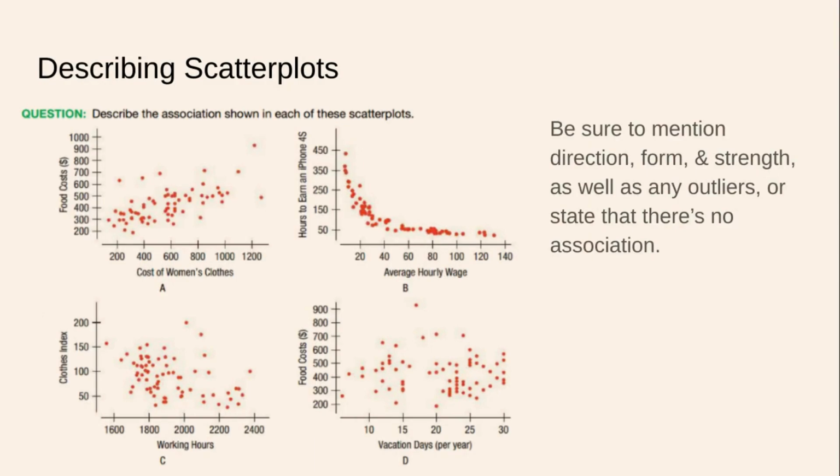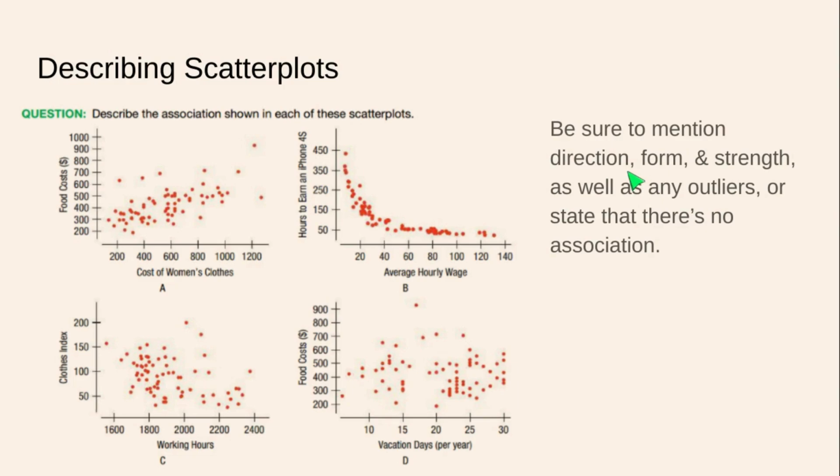Let's describe these scatterplots. We are going to describe the association in the scatterplots and mention the direction, form, and strength. And we're going to note any outliers. And there is a possibility that there is no association at all, and we would just say something to that effect.